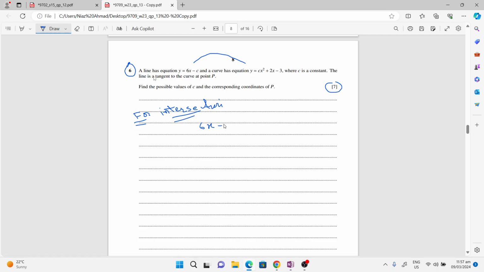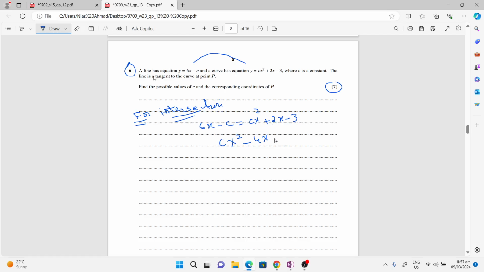Look, this is 6x minus c is equal to cx square plus 2x minus 3. When you compare these two, you are going to get cx square minus 6x minus 2x, that is minus 4x when you bring the 6x to the right side.